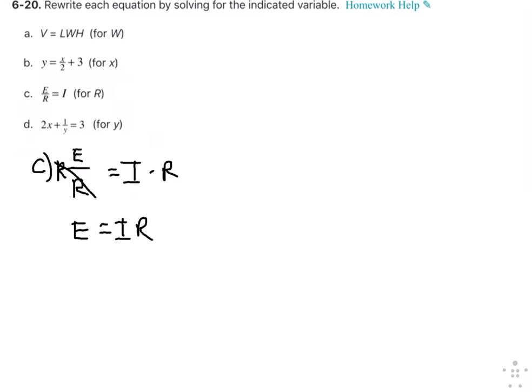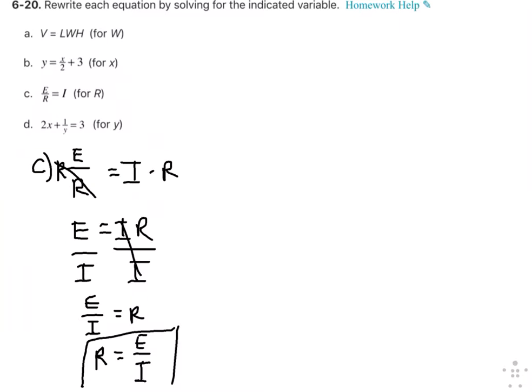And now we want to solve for R, so I divide both sides by I, and I get E over I equals R, because these cancel. And we rewrite it as R equals E over I. Whoops, that's a terrible looking I, so I will fix that. E over I, and we box that.